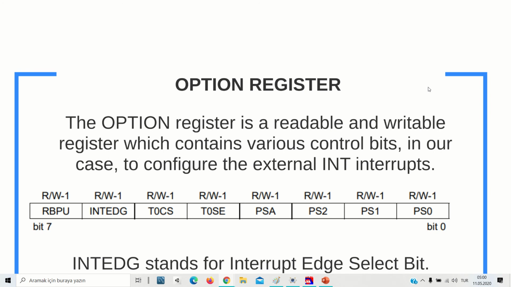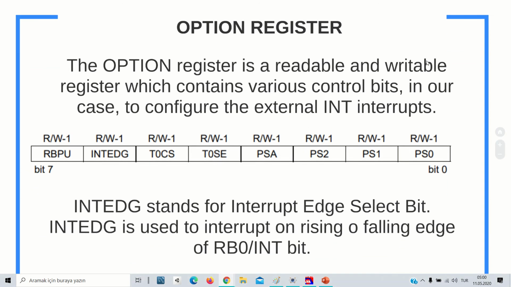Let's focus on the option register. What is it? Normally, the option register is a readable and writable register which contains various control bits, in our case to configure the external INT interrupts. As you see, there are 8 bits in the option register, but we are interested in the 6th bit, INTEDG.